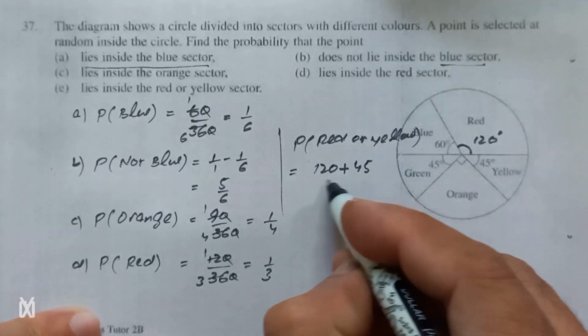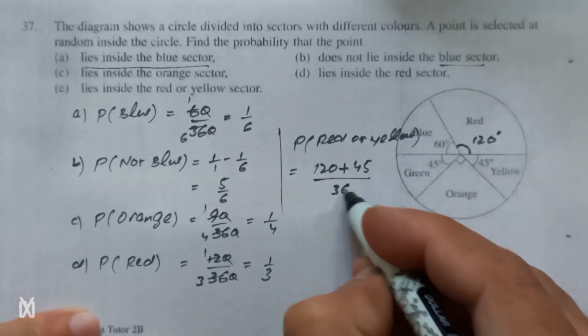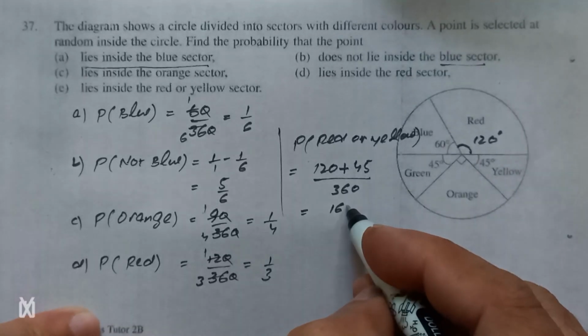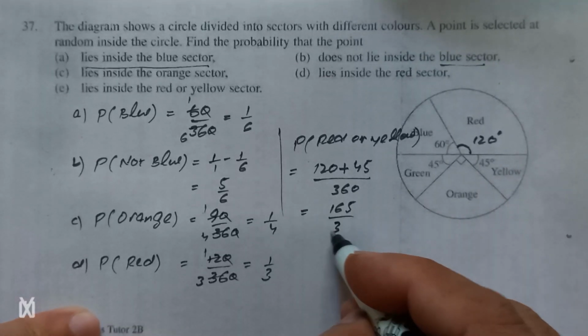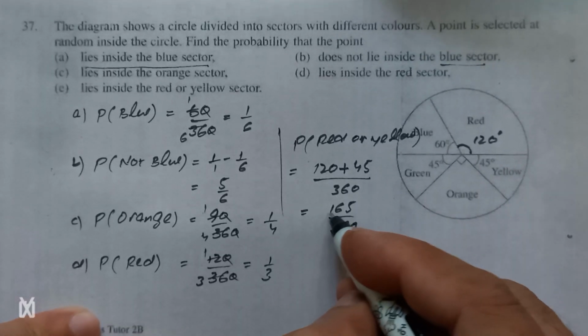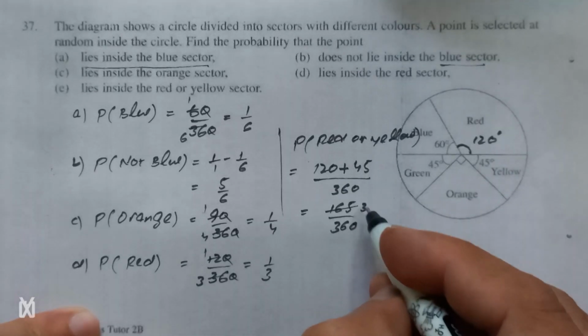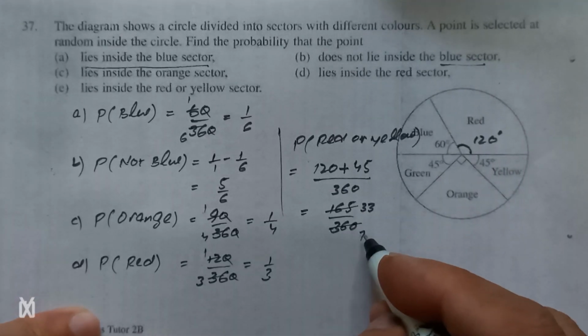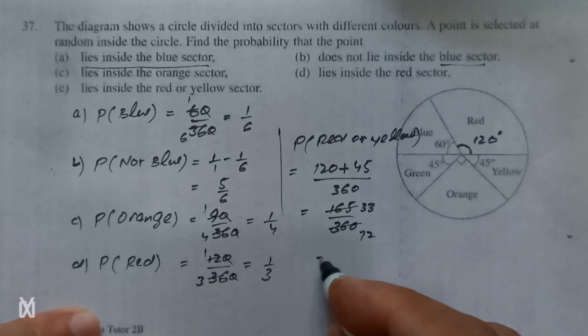So this is favorable and total is 360. 120 plus 45 becomes 165 over 360, and just cancel it. 5 threes are 15, 5 sevens are 35, and 5 twos are 10. So 33 by 72 is the answer.